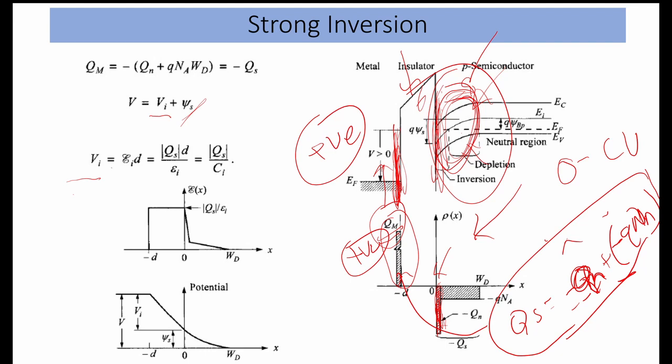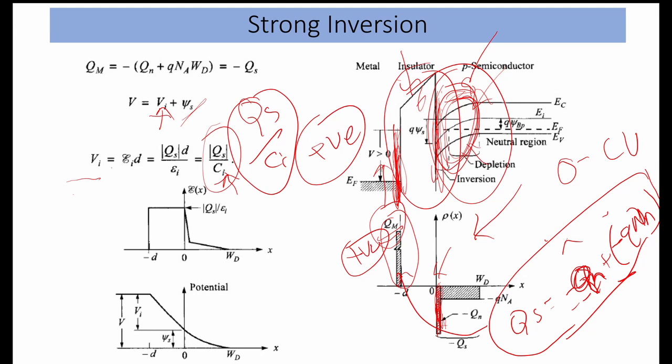So the voltage drop because of this capacitor, because of the insulator, which is Vi, is equal to Qs divided by Ci. Ci is nothing but the capacitance of the insulator. Okay, so this is the voltage dropped because of the insulator, Qs divided by Ci.